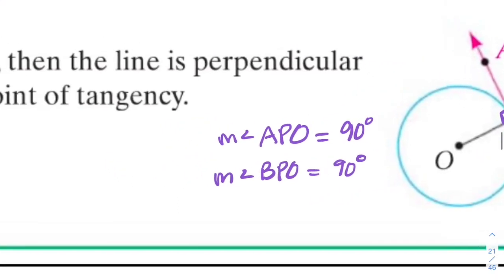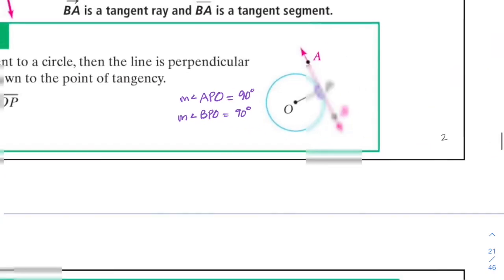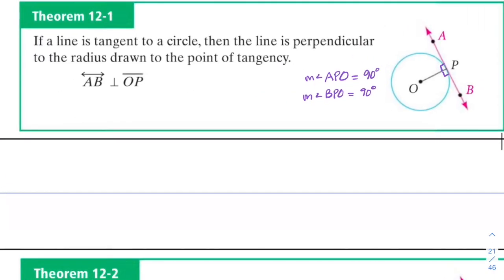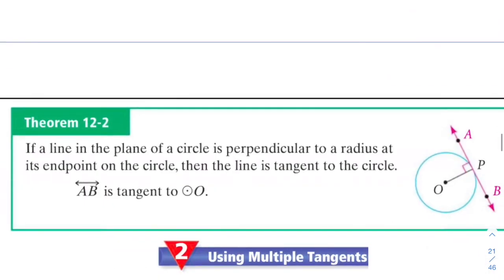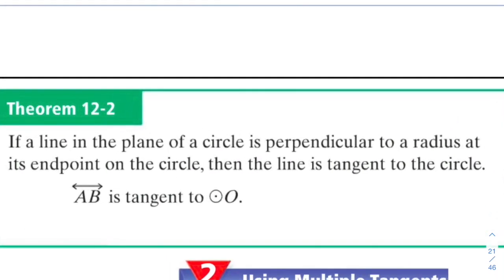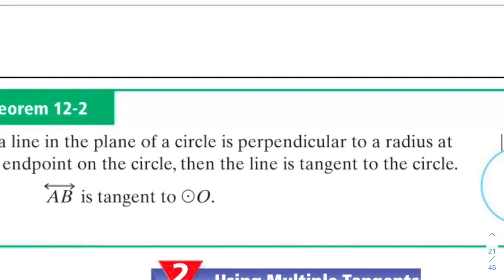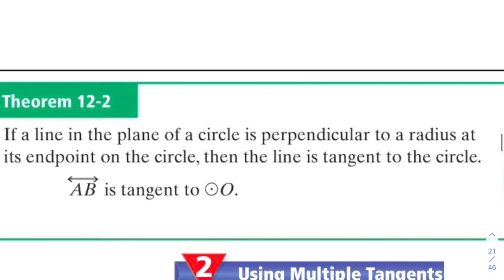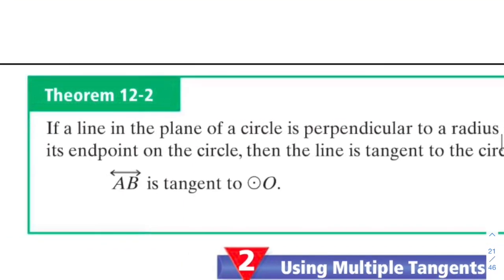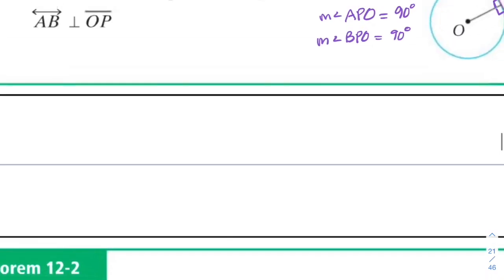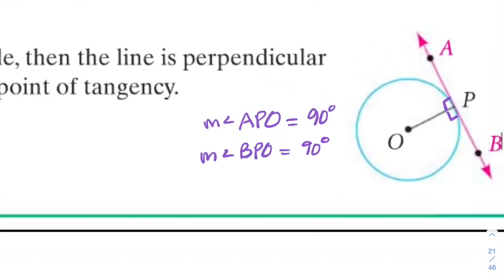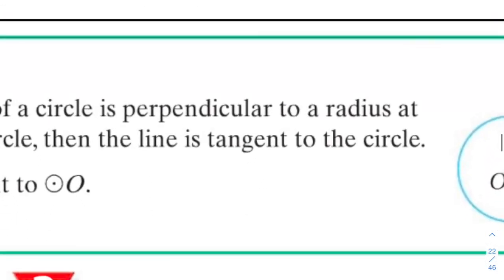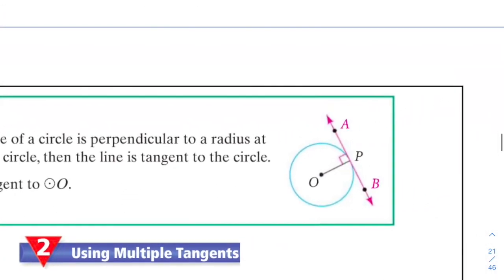Going on to our next theorem, if a line in a plane of a circle is perpendicular to the radius, then it's tangent. So this one's saying a tangent line is perpendicular. This is saying if it is perpendicular, then it is tangent.